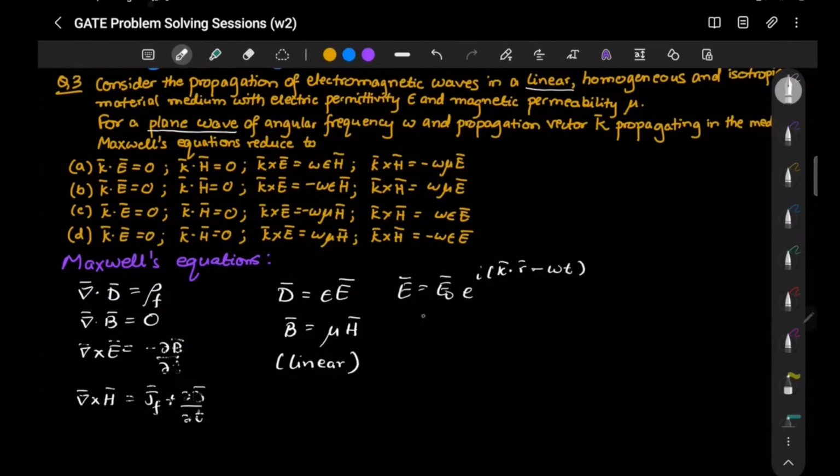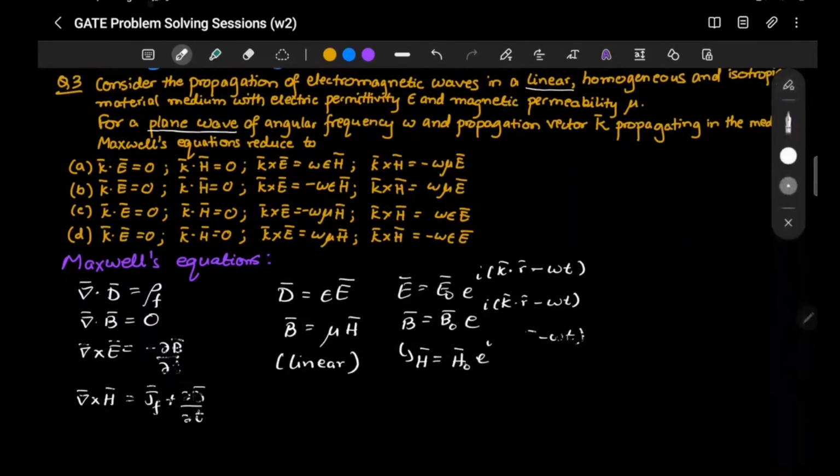Then similarly for the magnetic field, and from B and H the relation is there, and you will see that we can also write H as follows. So these are the expressions for the plane waves of angular frequency omega and propagation vector k that is given to us.